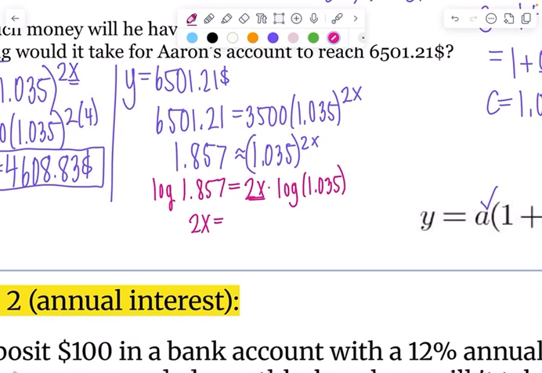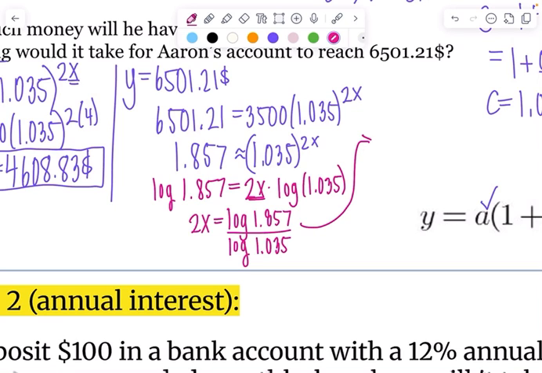So 2x is equal to log of 1.857 divided by log of 1.035. So I'm just going to do log answer divided by log of 1.035.